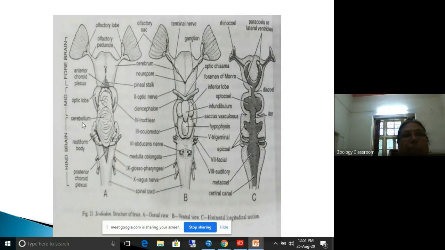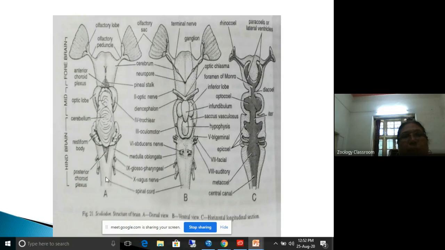In the hindbrain the cerebellum is well developed, and it covers the optic lobe. In the middle there is a lower part, the medulla oblongata. On the lateral side there is the restiform body or corpora restiformia. The active swimming habit assists the cerebellum.